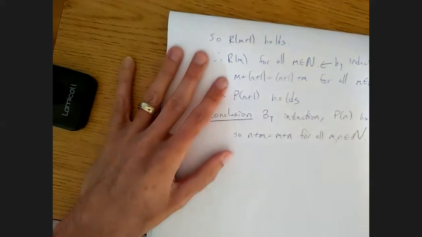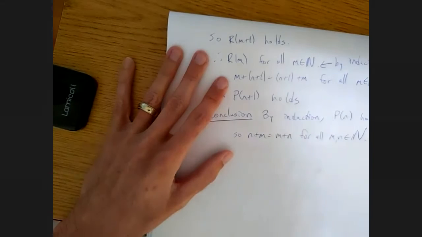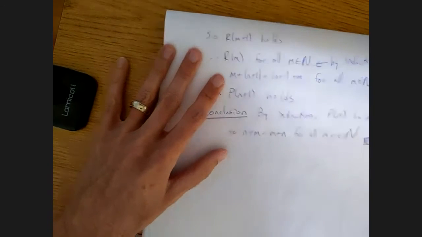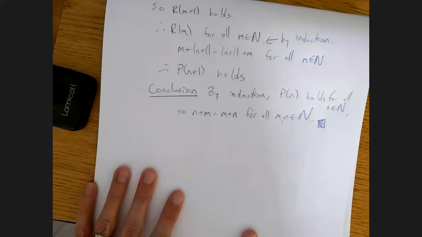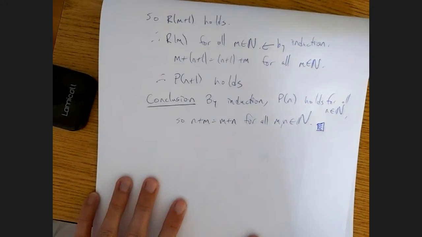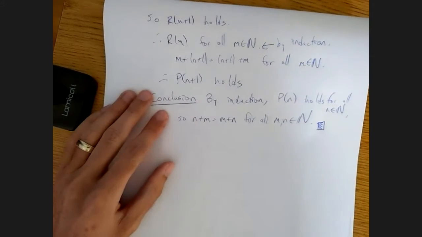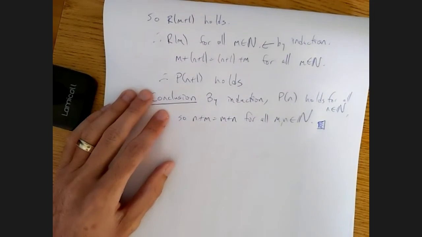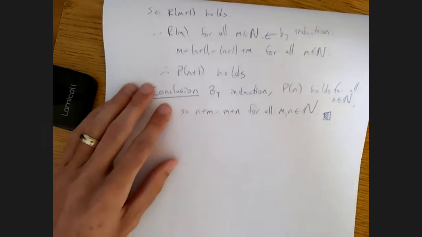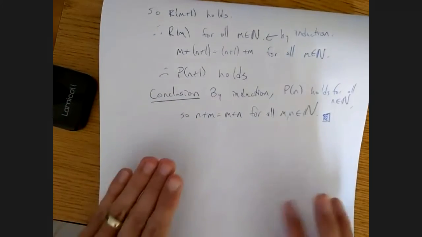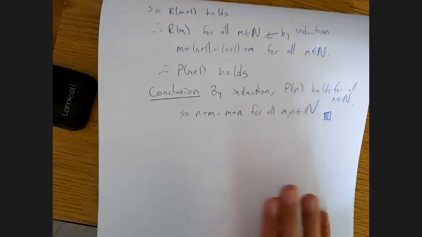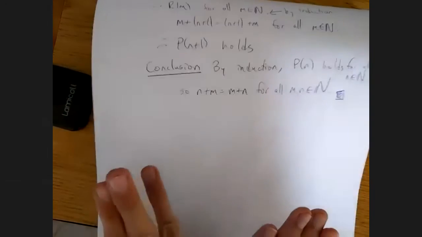Okay, so now you really know, I mean, how we usually explain this is that if you have 5 apples and 3 apples, that's the same as 3 apples and 5 apples.